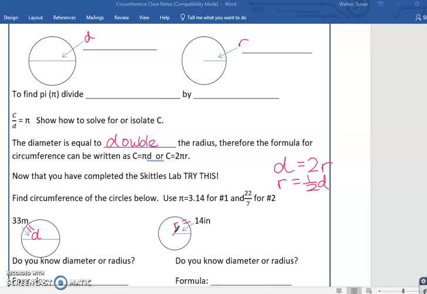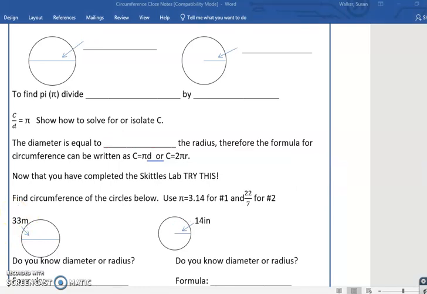Most of the time we're using the radius. So in order to find radius, we would take half of the diameter. Now this one I'm not going to do that because we have an odd number and I don't want to deal with decimals right now any more than I have to because I'm already going to have to use them. But basically, to figure out the radius, we would take 33 and divide by 2 to find the radius.